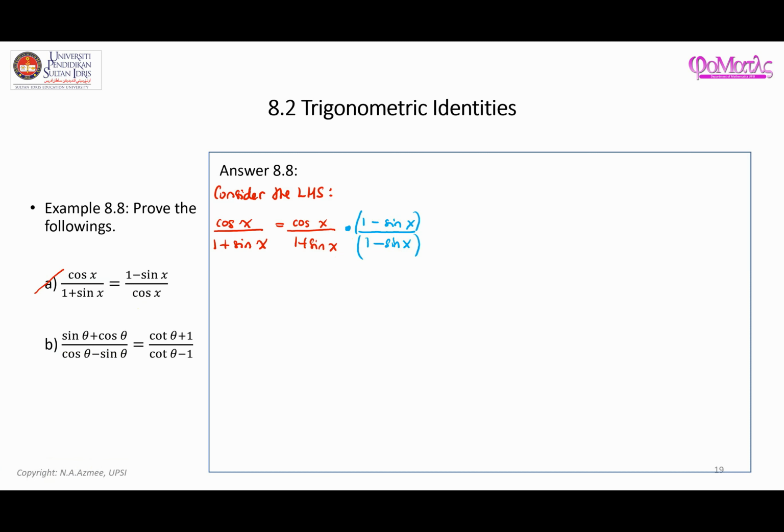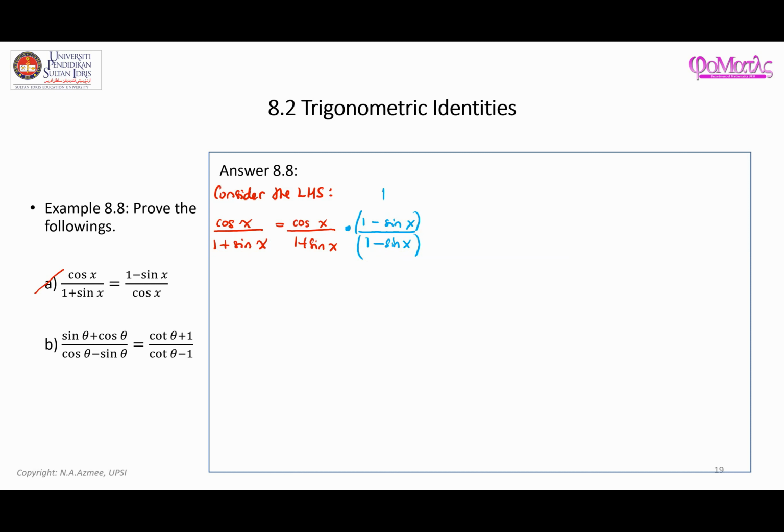Now you will see later on why this will work out. By introducing this term, this is actually manipulating it, and it doesn't change anything on the left hand side because this is similar to multiplying by 1.